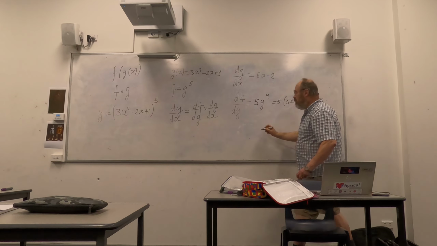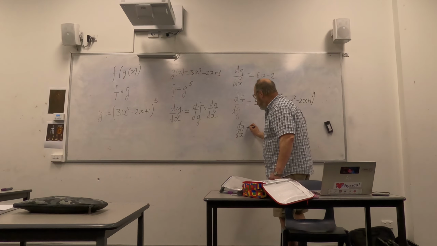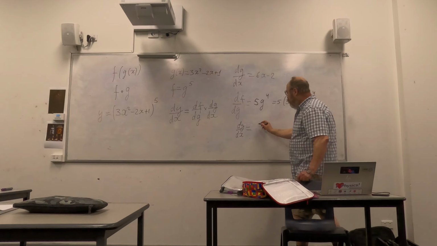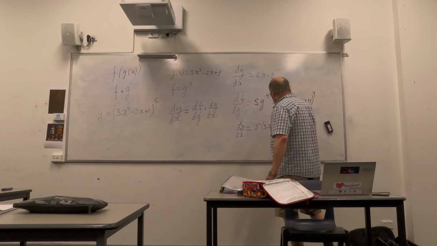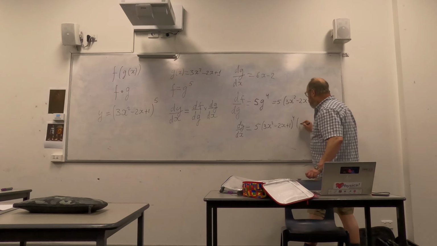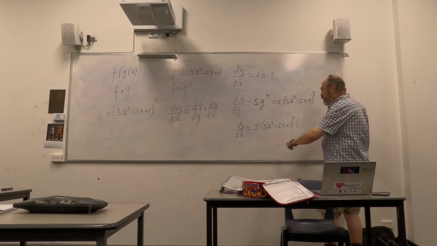And for the final answer, we multiply them, dy over dx: 5 times 3x squared minus 2x plus 1 in the power of 4 times 6x minus 2. We can take 2 as a common factor.